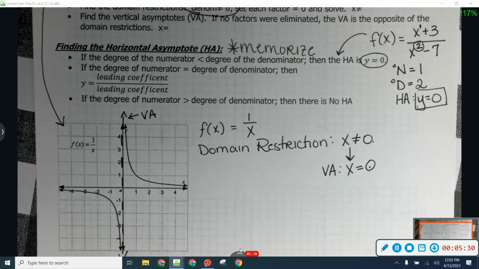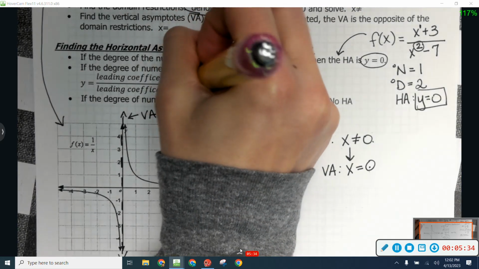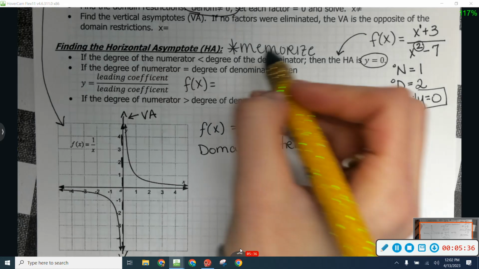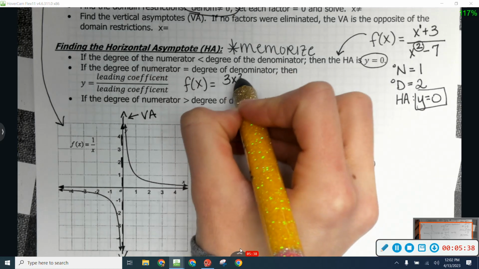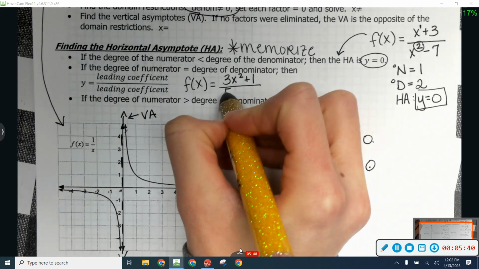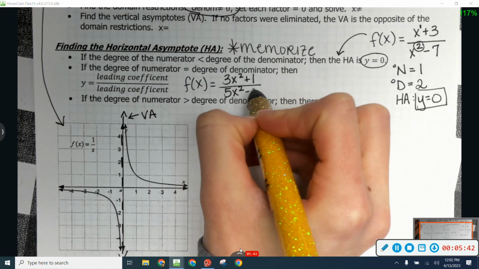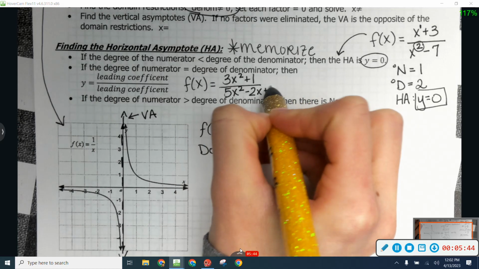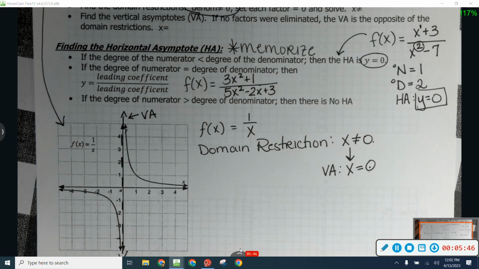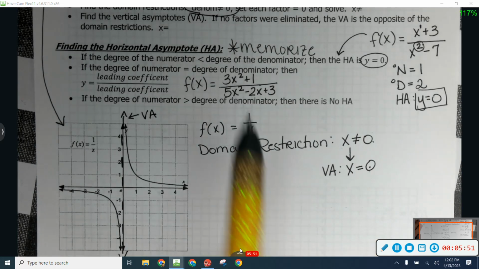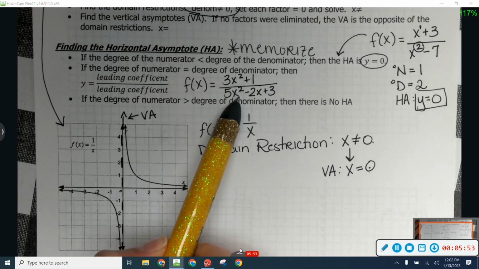Rule number 2 says, what if the degrees are equal? So what if I have f of x equals 3x squared plus 1 over 5x squared minus 2x plus 3? What if I have that? Okay, we'll see how it's x squared on the top and x squared in the bottom.